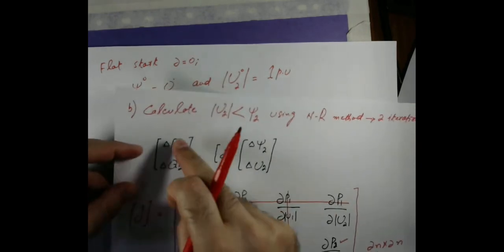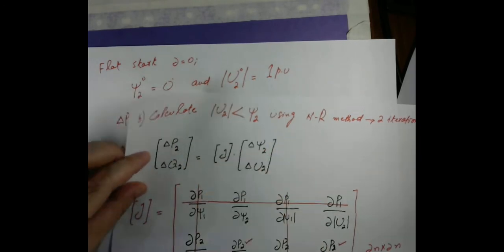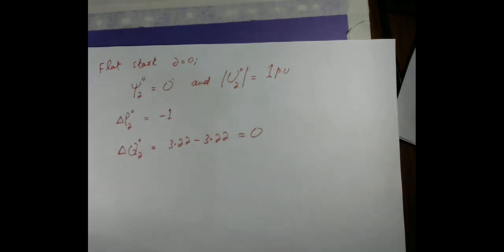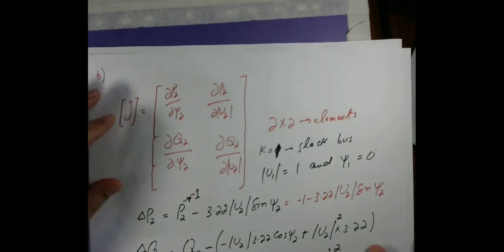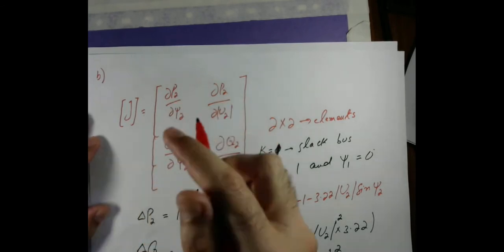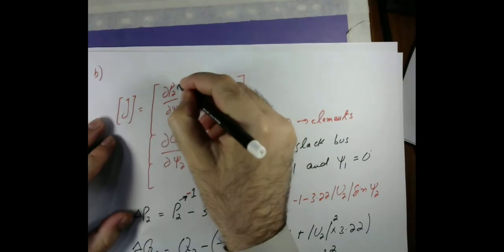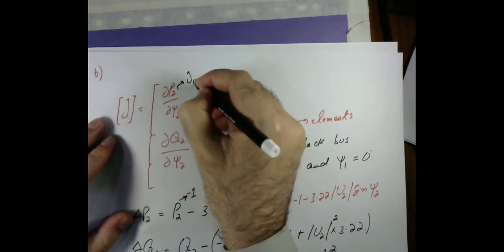So now we have found these values, and now we have to determine the Jacobian matrix. We have already discussed this. This Jacobian matrix has these 4 elements. The derivative of P2 with respect to psi2, let me call it J11.